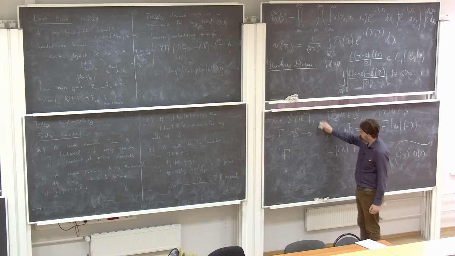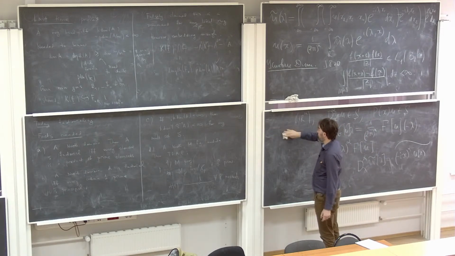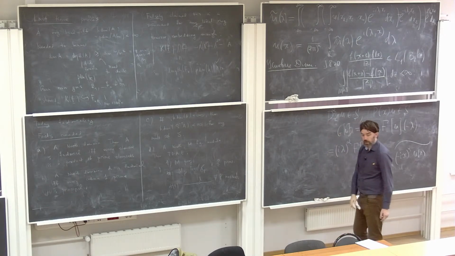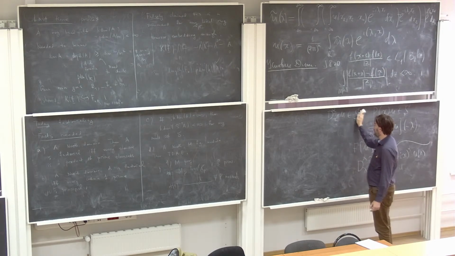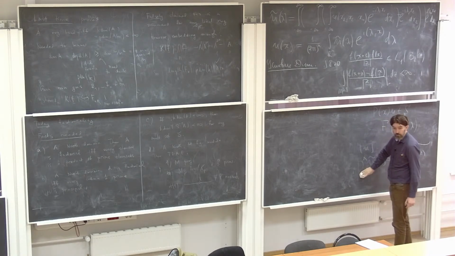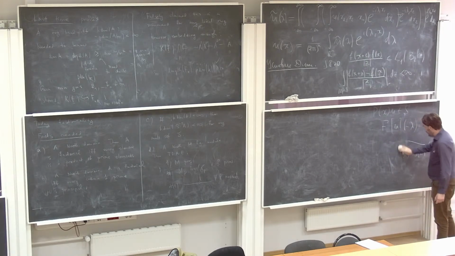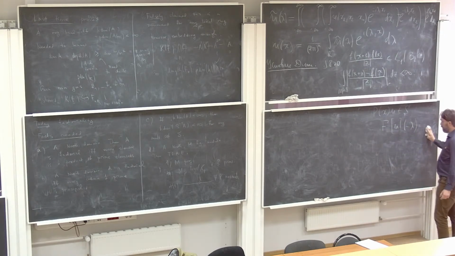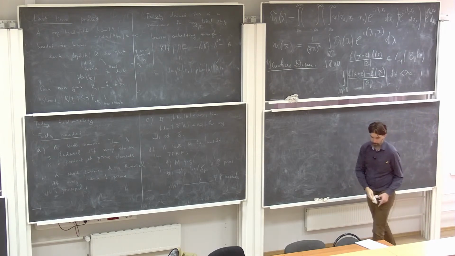If you have a vector bundle on a manifold and you look at its sections as a module over the ring of functions, because the vector bundle is locally trivial, the module of sections will be locally a free module of rank equal to the rank of the bundle. And a similar fact holds in algebraic geometry.